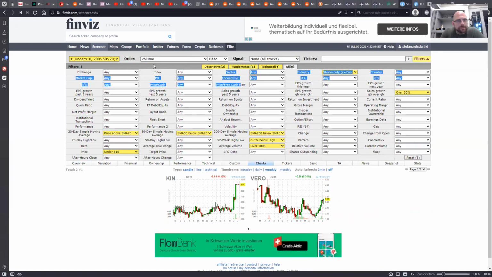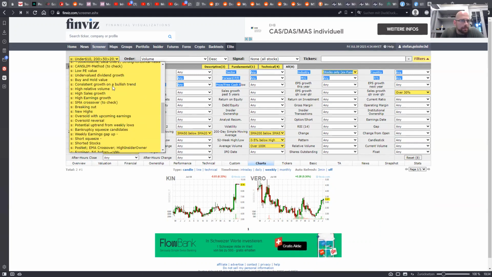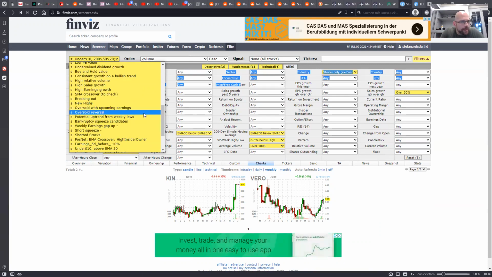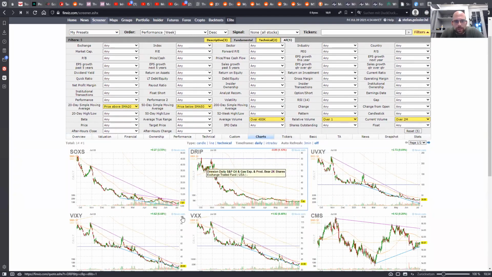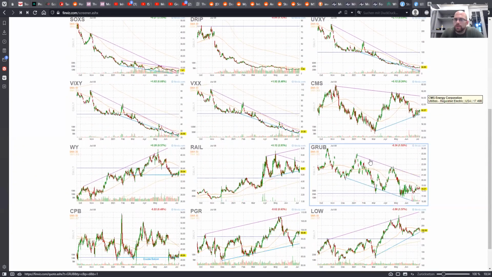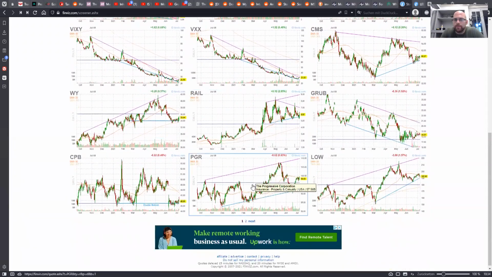Yeah, I have really many screener settings. We need to have another question and answer session to check that out. Oversold reversal, that's from the RSI, also a good one. So possible downtrends turning into possible swing opportunities when we have a highly oversold RSI, and it could also be a possible reversal area.